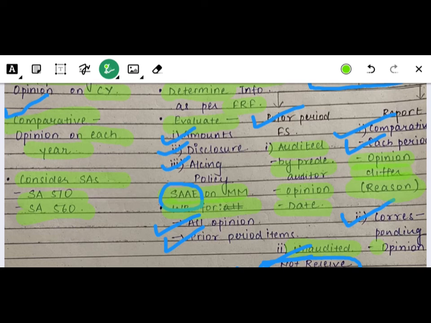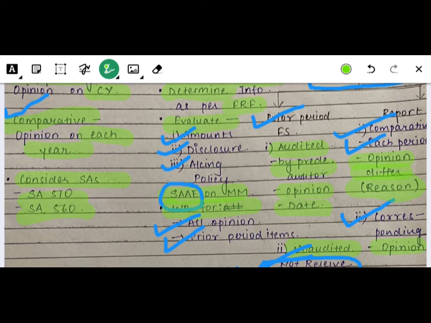And for the corresponding period, as I said, you need not give an opinion on the previous financial statements. But there are two exceptions where you have to refer to the previous year even in the corresponding figures. Firstly, if your opinion was modified and that matter is still not resolved, then you have to give a modified opinion for the current year.